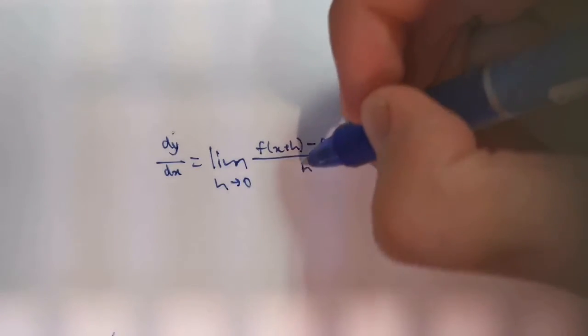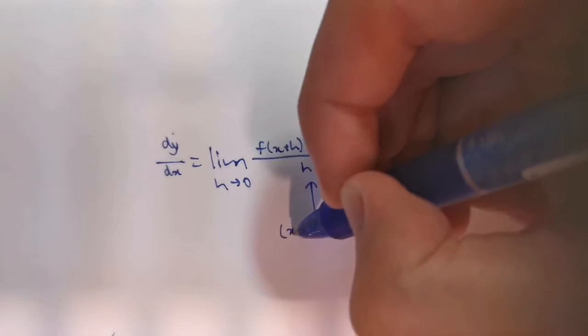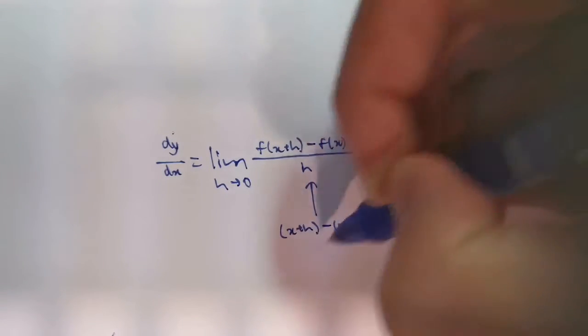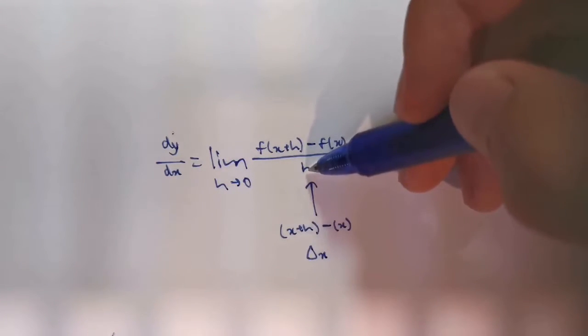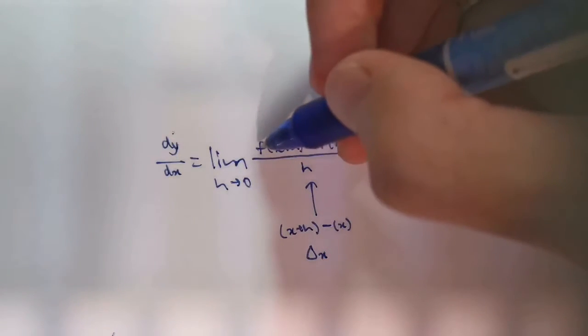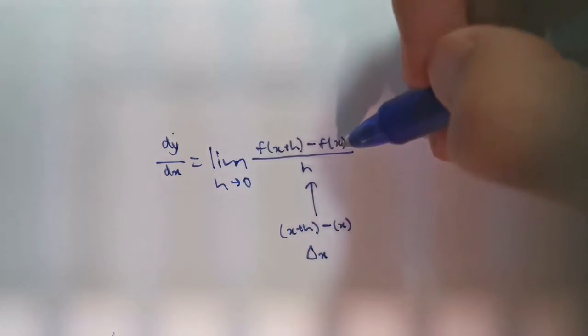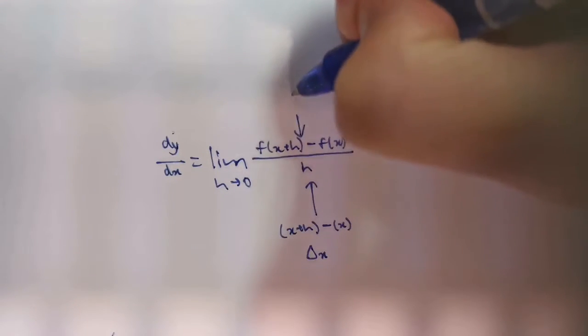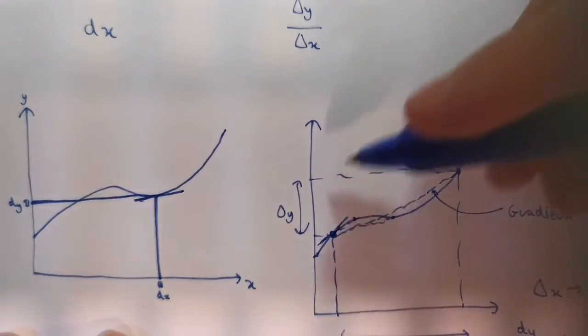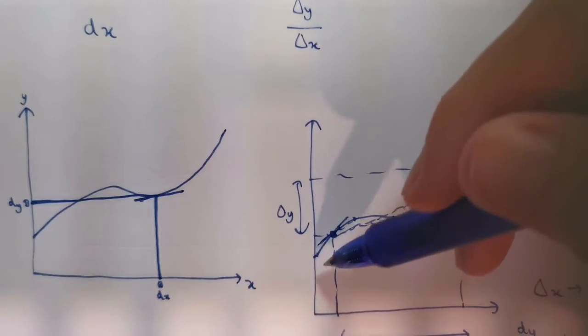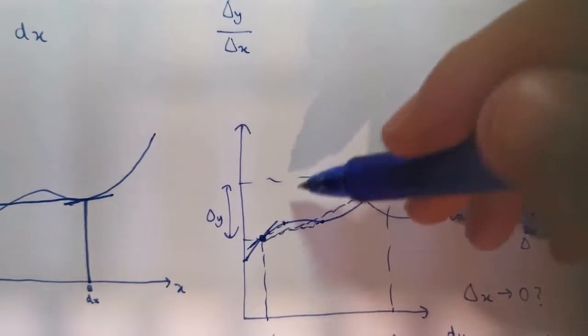As you can see, you can imagine the bottom part, x plus h minus x, as your delta x. Just this time your delta x is your h. Then f(x plus h) minus f(x) is your delta y. Then as delta x tends to 0, or your h tends to 0, you eventually get the tangent to the graph at x, which is your derivative.